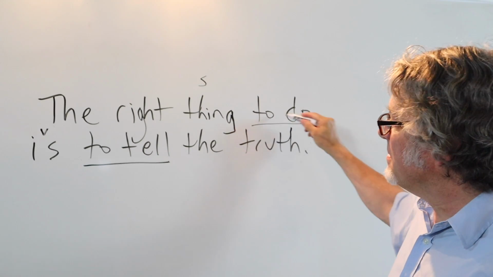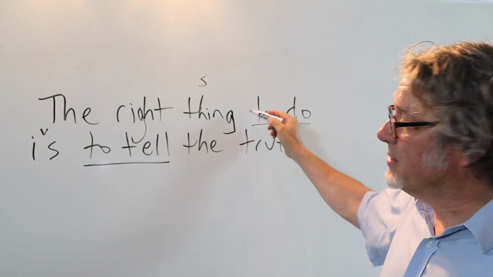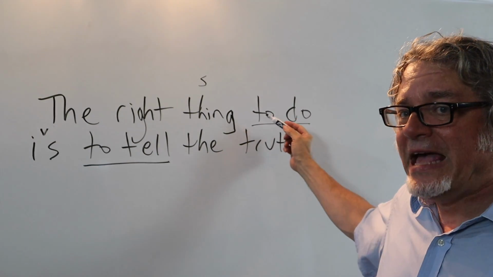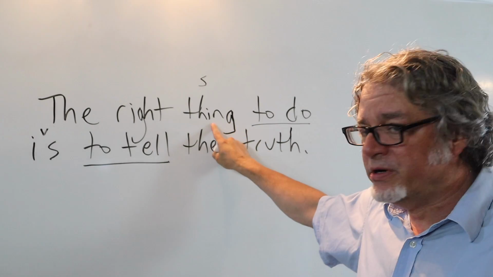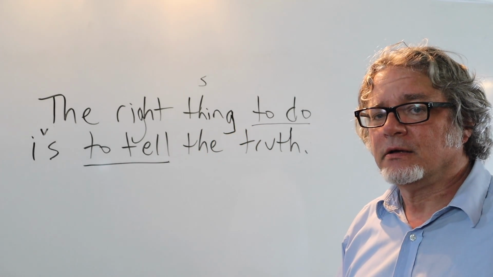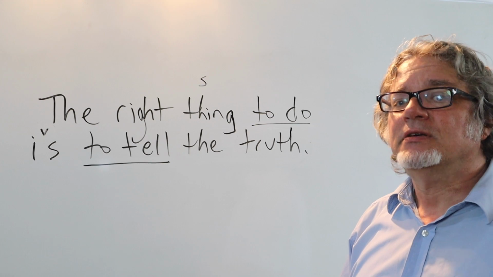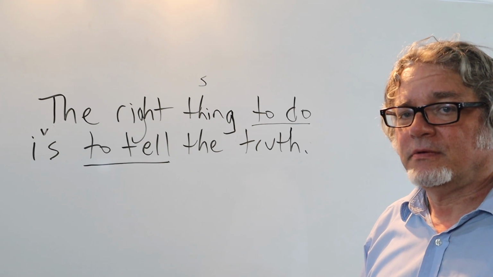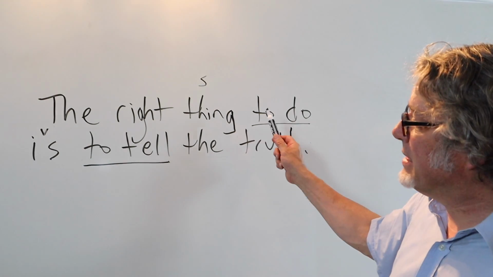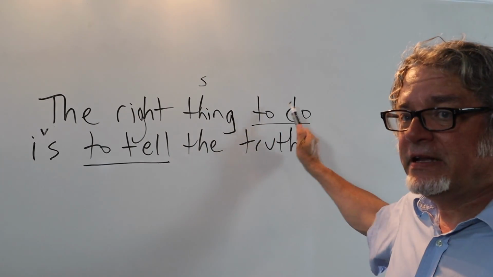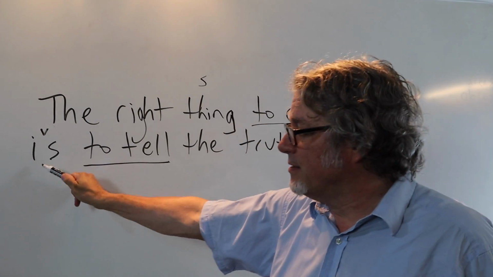This infinitive modifies or functions as an adjective for the word thing. The right thing to do is to tell the truth. It's important to recognize the difference between the infinitive and the main verb.